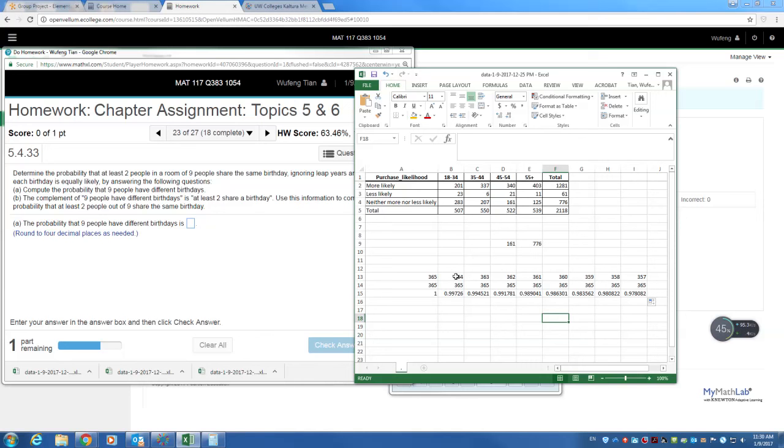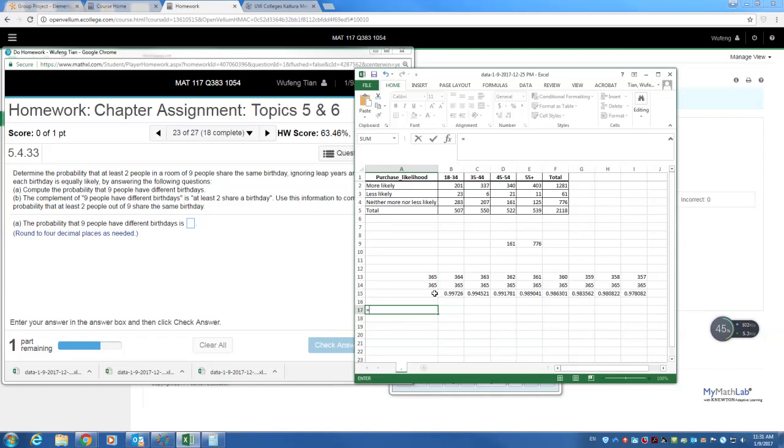The next person only has 363 options, because those 2 days can't be taken. So you have 9 of these probabilities, and you multiply all the probabilities together to get the final probability.